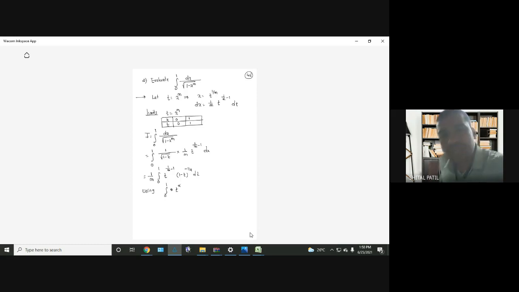In the formula, instead of using m and n, I'm using alpha and beta, since m and n are already used up.